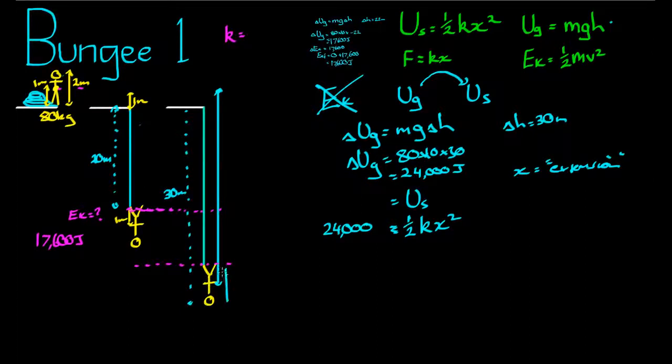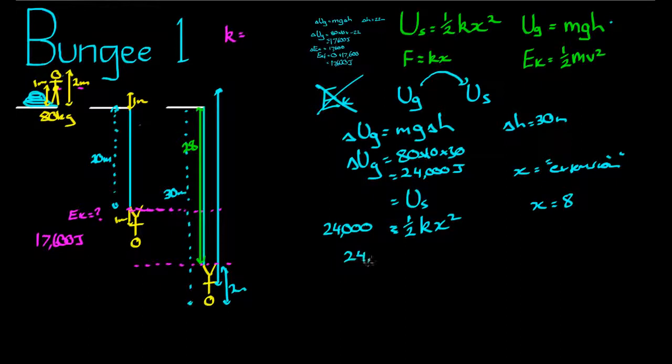That must mean if the person is still 2 meters tall down here, they don't change height, the length of this bungee cord here is 30 minus 2, or 28 meters. So the bungee cord has gone from 20 to 28 meters. That's an extension of 8 meters, dealing with meters in this equation here.